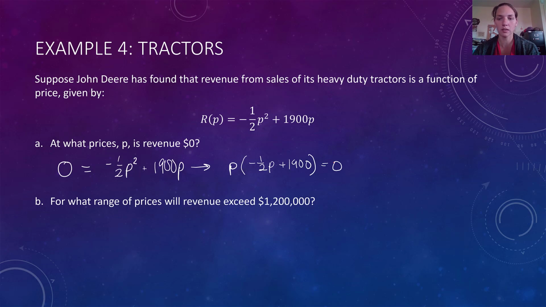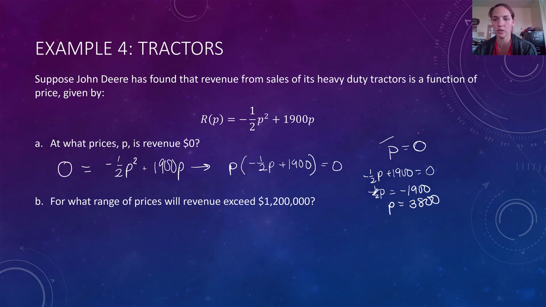So then P equals 0, or -1/2 P plus 1900 equals 0. That's going to mean -1/2 P equals -1900, so P equals 3800. Okay, so our two amounts that we can charge are $3,800 and $0.